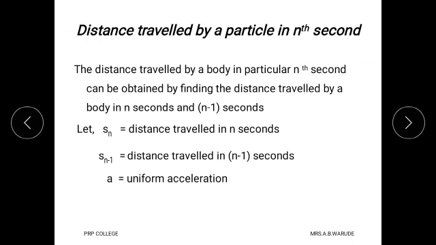Therefore consider Sn, the distance travelled in n seconds, and Sn minus 1, the distance travelled in n minus 1 seconds, where a is uniform acceleration.